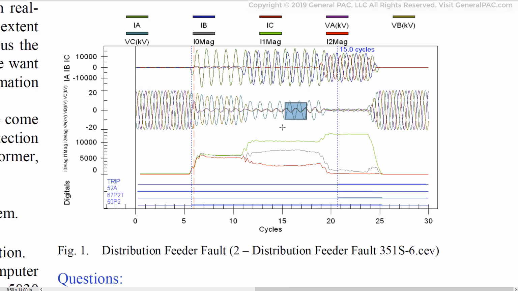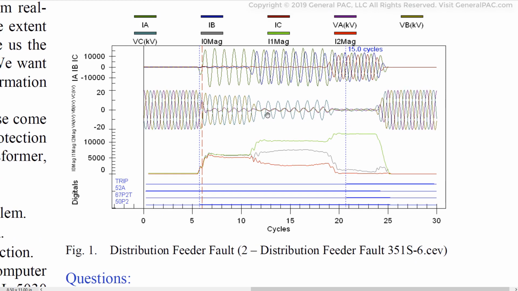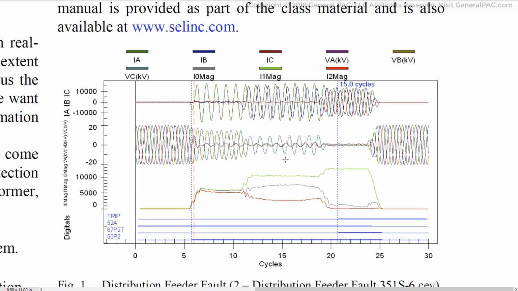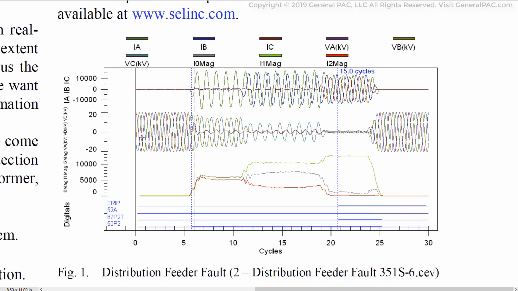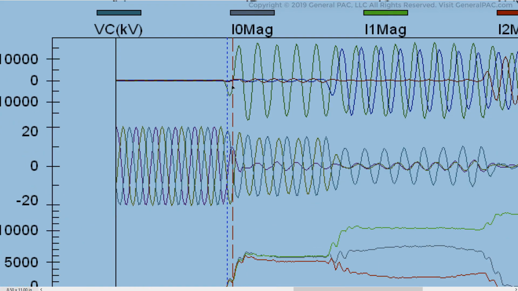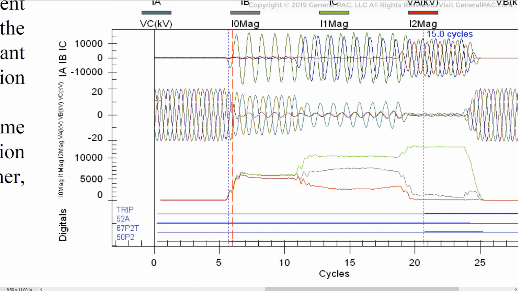The first question, of course, is before the fault, in what direction is power flowing? The easiest way to answer this question is to look at the event before the fault had occurred, and the inception of the fault is essentially at this particular point here. We can see that the waveforms are positioned like this, and we're looking at the voltage waveforms here.